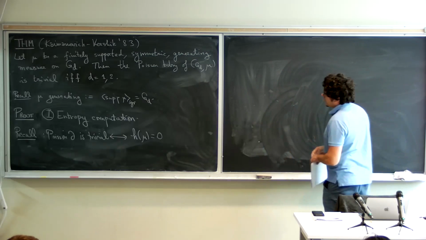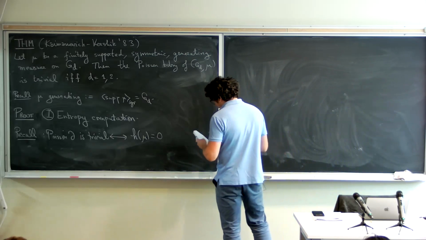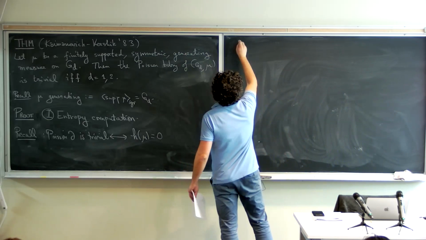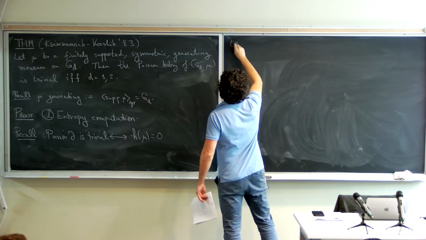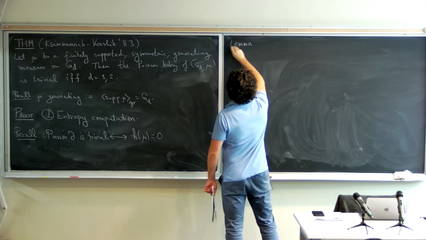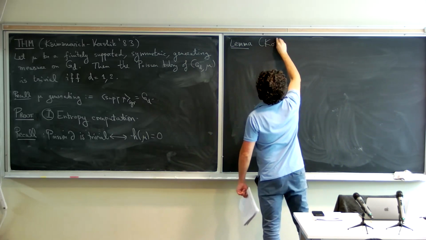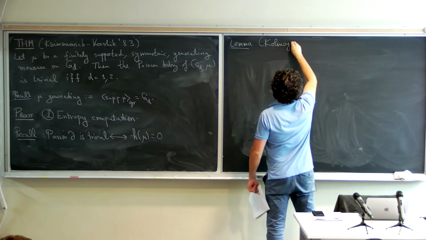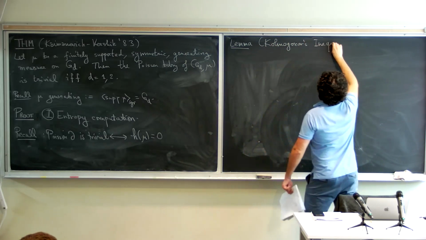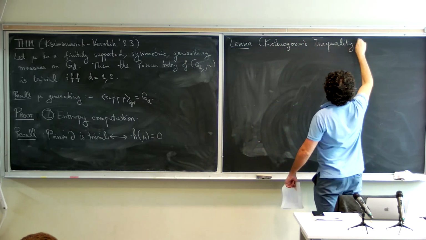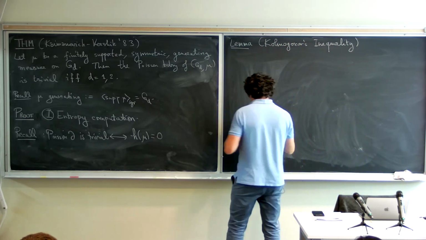So let's see. What we need is a probabilistic lemma, which you might have seen before, which is Kolmogorov's inequality. Some sort of large deviation statement, which is the following.